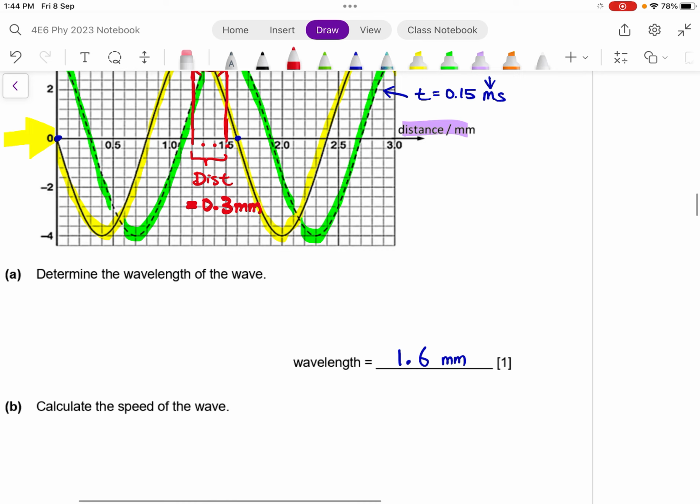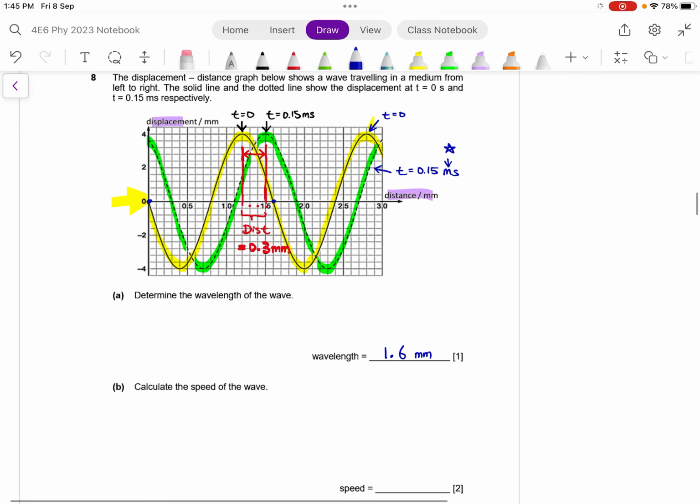With this, you will be able to appreciate that your speed is equal to 0.3 millimeter divided by the time, 0.15 millisecond, and you can see that the milli will cancel off each other.